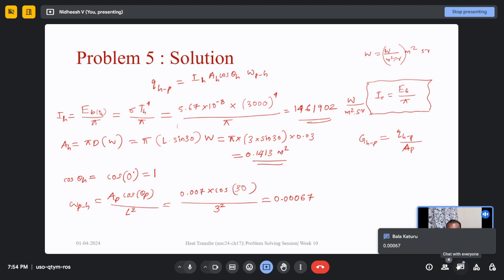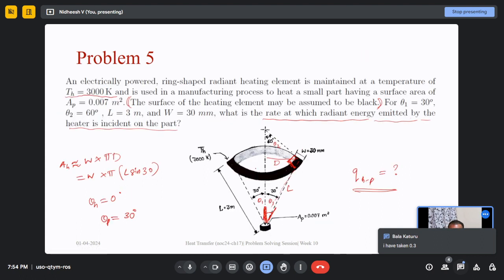Yes, okay. Now we have all the quantities. Oh, is it 0.3? Let me confirm. Length is 3 meters. No, it is 3 meters, not 0.3 meters.